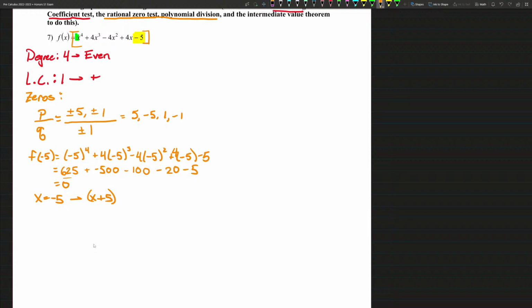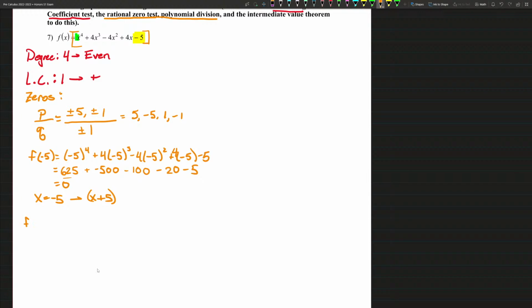And then you could go about this next part in a lot of different ways. I guess I left the directions open so you don't have to find all of the zeros. You just have to find the real zeros. So you could just test positive 1 and then get the answer that way, and then figure out the other zeros and then find the graph. Which I guess we can do, right?